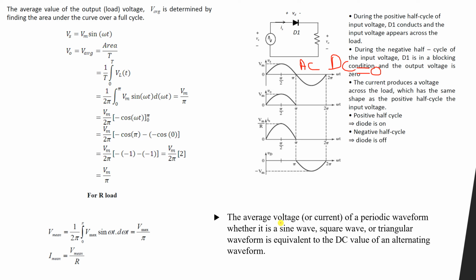Now this is the output waveform, this one for the voltage and this one for the current. If you get the average value of voltage and the average value of current, you are simply getting the equivalent DC value of voltage and DC value of current, which I'm concerned with.